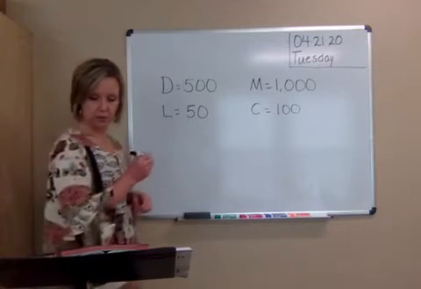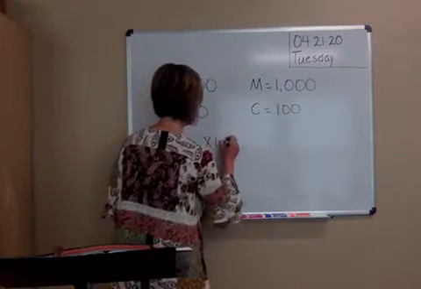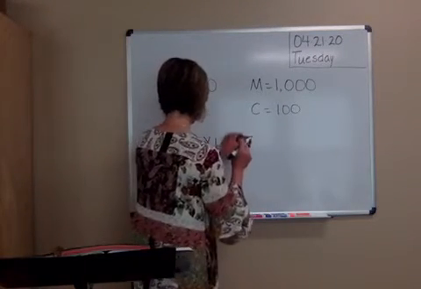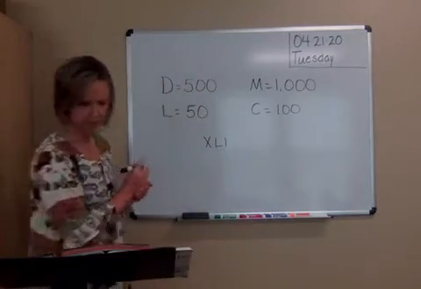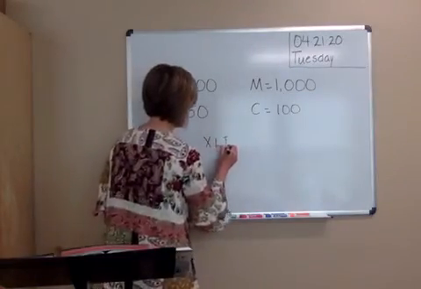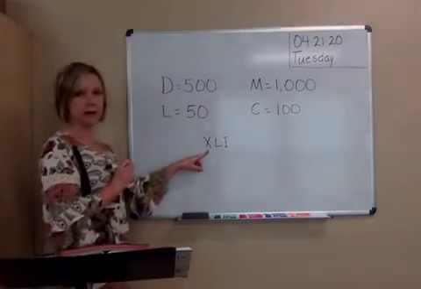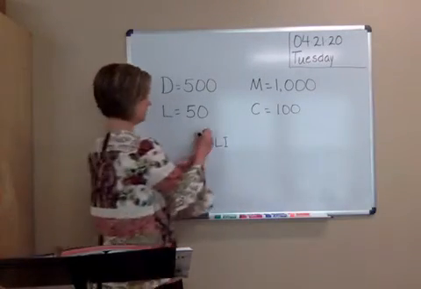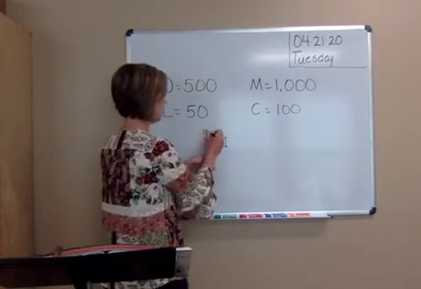Let's do number 6E. It was X, L, I. I'll just do it like it is in your book there. X, L, I. So what is the value of X? It is 10. What's the value of L? 50.